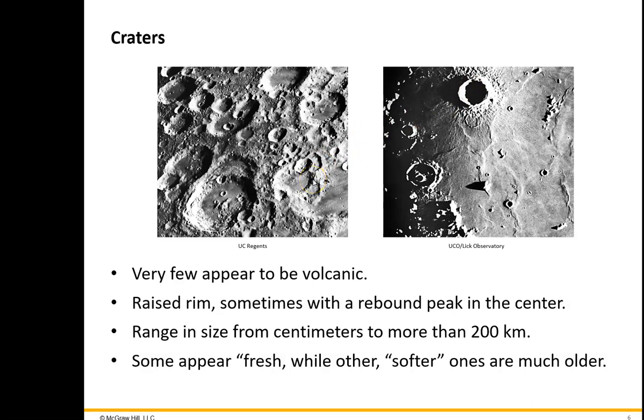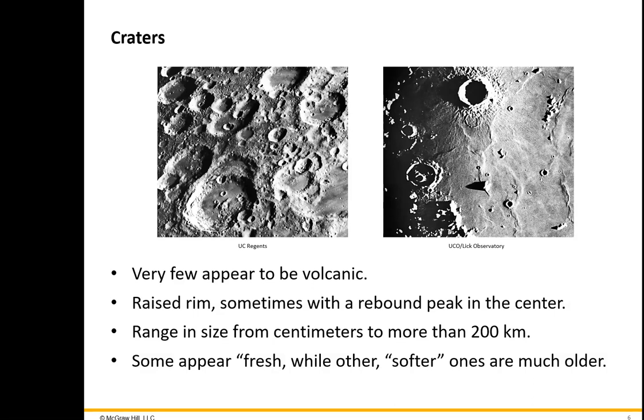All right, there are these micrometeorites, tiny, almost dust-sized particles that hit the moon. And in fact, that's what causes the surface of the moon to be composed of this material we call regolith.